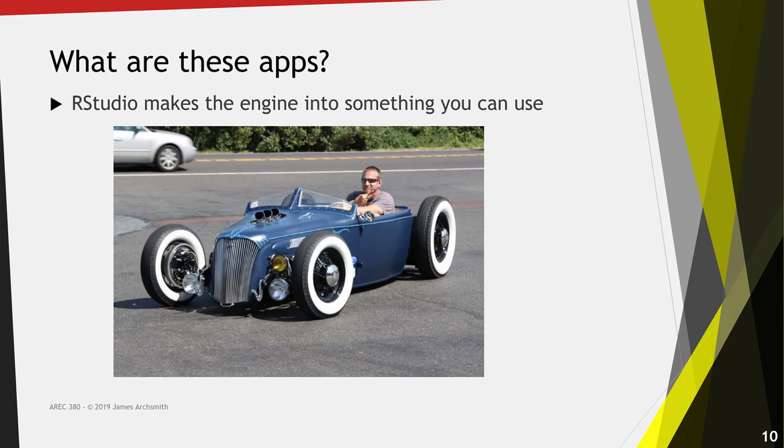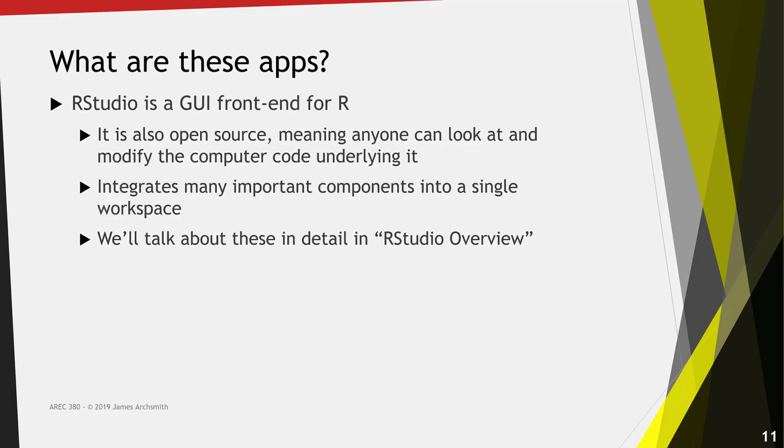It provides a handy interface for you to use R and a lot of other convenient features that make day-to-day operations with R much easier, but it doesn't provide any of the computing power that underlies R. All of that is provided by the R package itself. Lastly, RStudio integrates many important components of R into a single workspace or a single window on your desktop. We'll talk about all of these in detail in the next video, the RStudio overview.